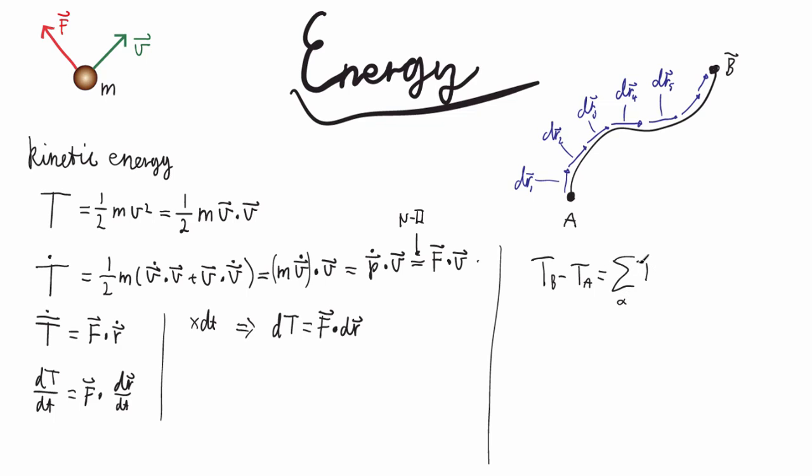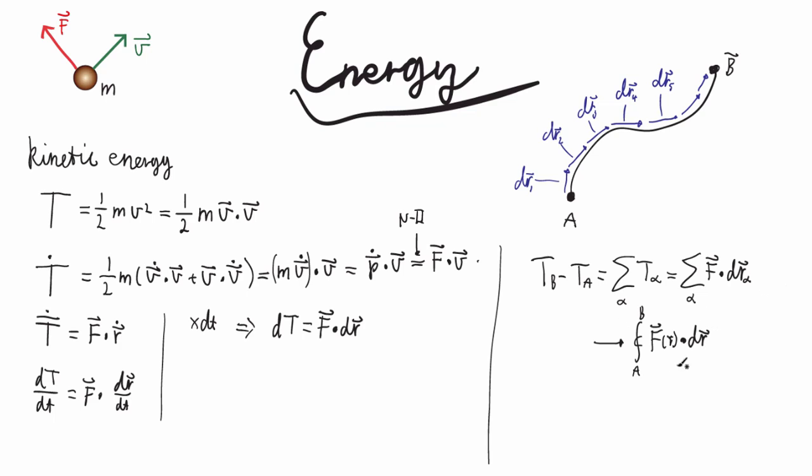It's going to be the sum of the kinetic energy changes during each of these little line segments here. So that is, of course, the sum of F scalar dr_alpha. And as we're making these line segments shorter and shorter, this then becomes an integral. It becomes the line integral from A to B of F(r) scalar dr.